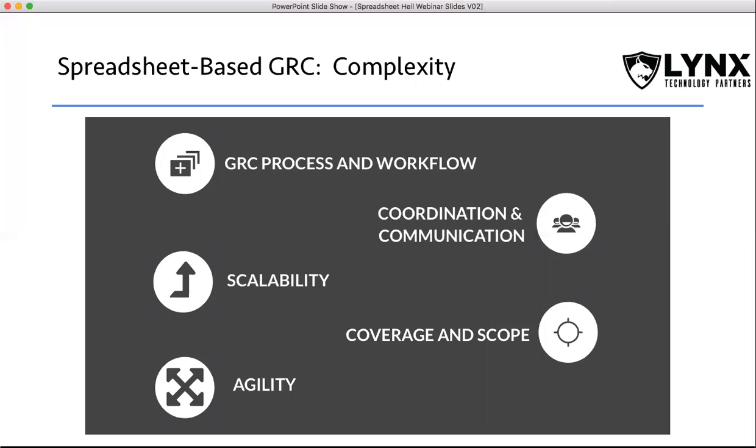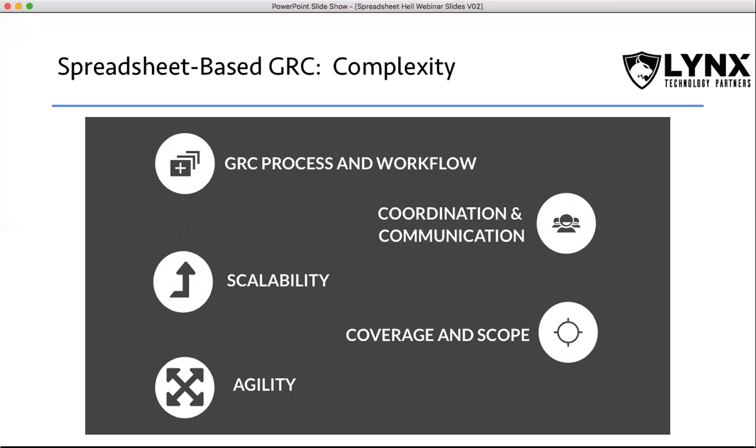With that, the level of coordination and communication needed grows, and email threads get out of control in trying to coordinate GRC processes. That in turn impacts scalability and the ability to apply GRC to a broader scope of the organization's needs in managing governance, risk, and compliance.